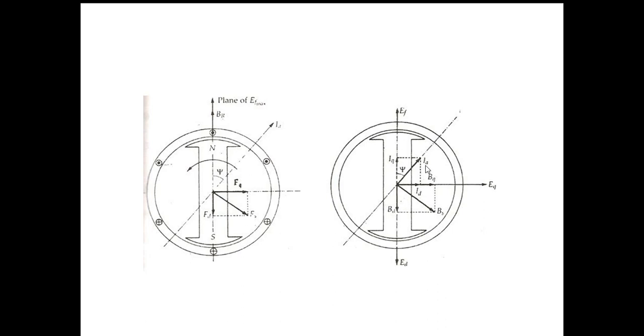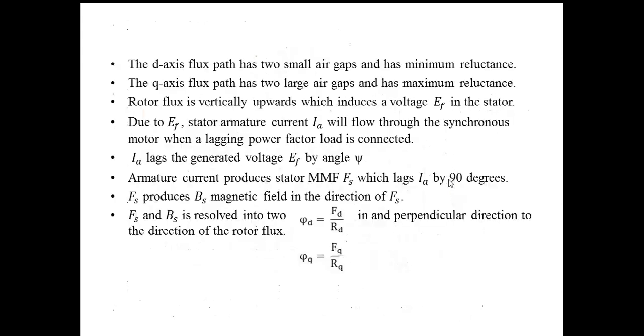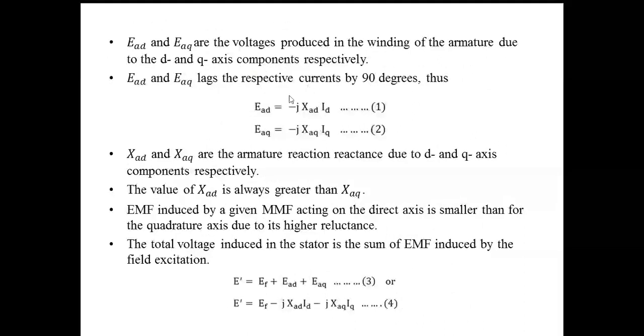Phasor sum would be IA in this direction. 90 degrees lagging from ID is your ED, and 90 degrees lagging from your IQ is your EQ. So we can also say that EAD and EAQ are 90 degrees lagging, that is minus jXAD ID and minus jXAQ IQ.